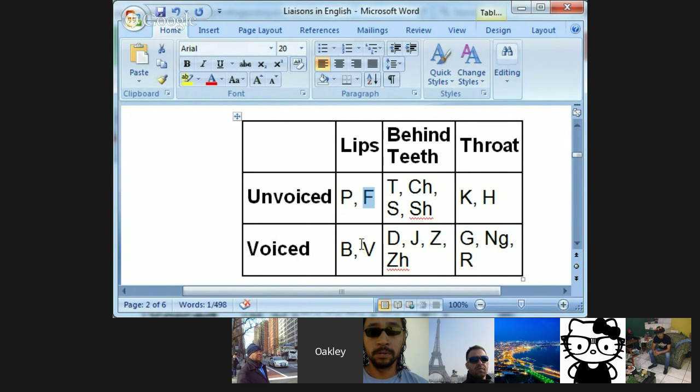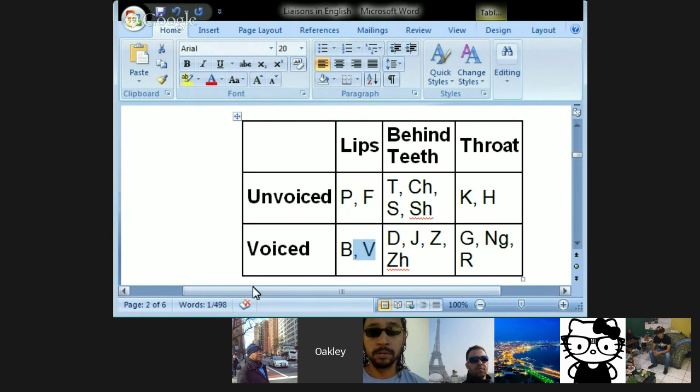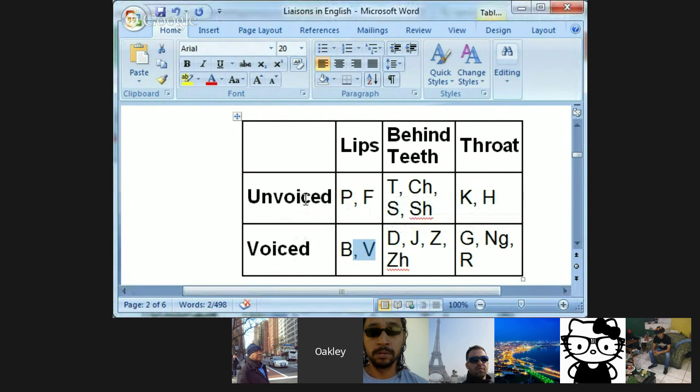Same thing with F's and V's, T's and D's, CH and J, K and G. Same position of everything: the muscles that form the sound, your lips, teeth, throat, whatever. But some are voiced and some are unvoiced.